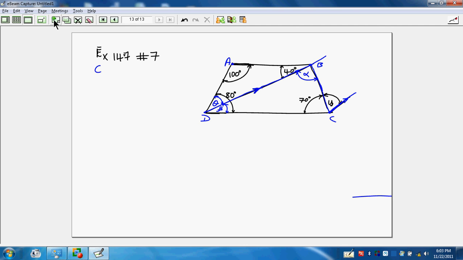So let us consider the triangle ABD. So you're looking at that triangle, ABD.